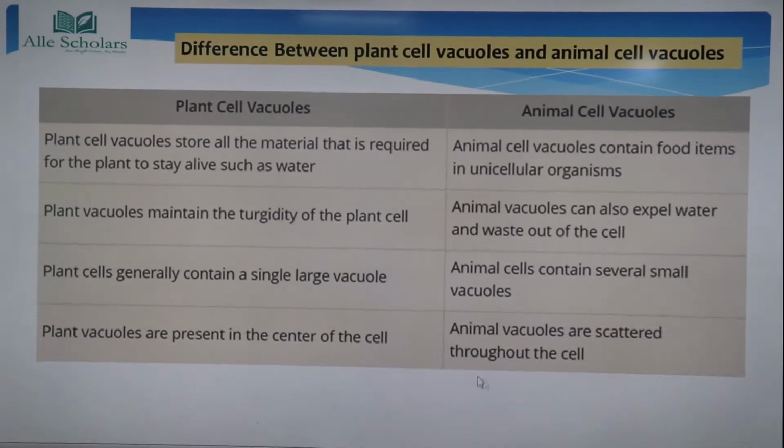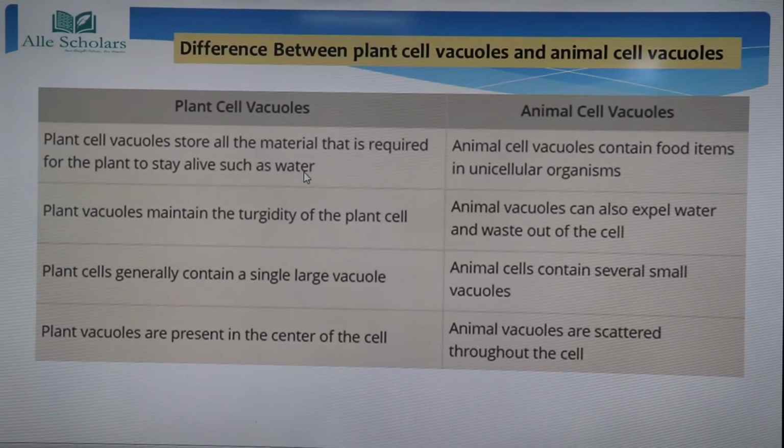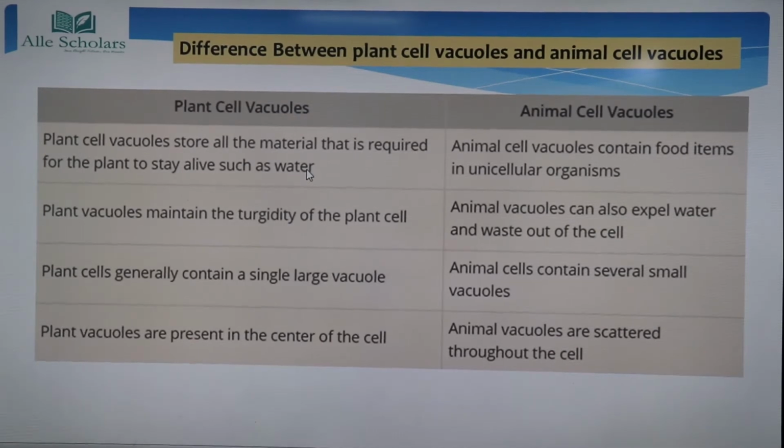Okay, so what do they store? They store materials like water. But if we talk about animal cell vacuoles, these animal cells contain food items in unicellular organisms. Okay, so they store all materials that are required and they contain only food items.